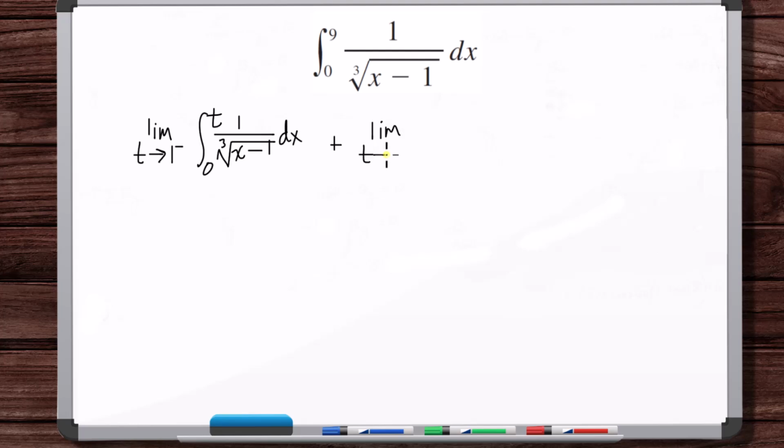Okay, then the limit as t approaches 1 from the right.